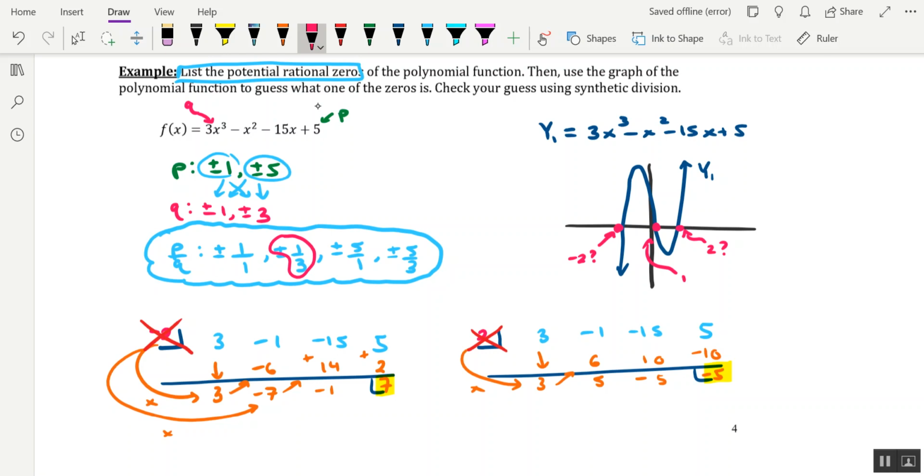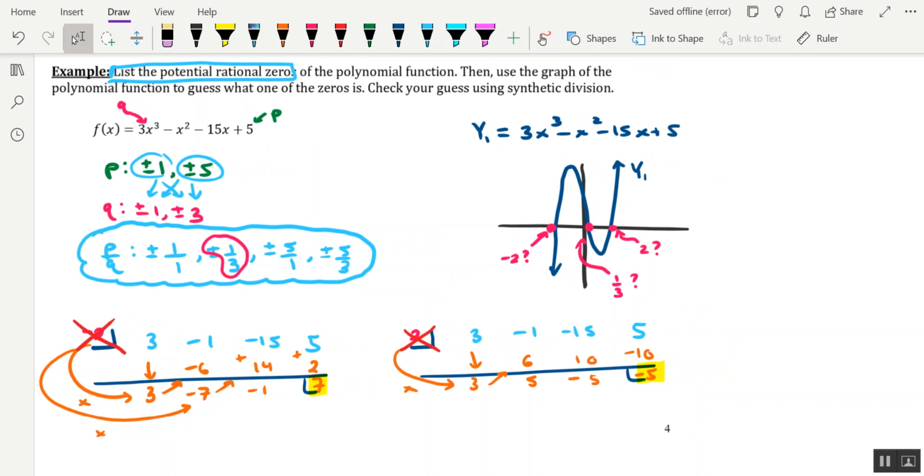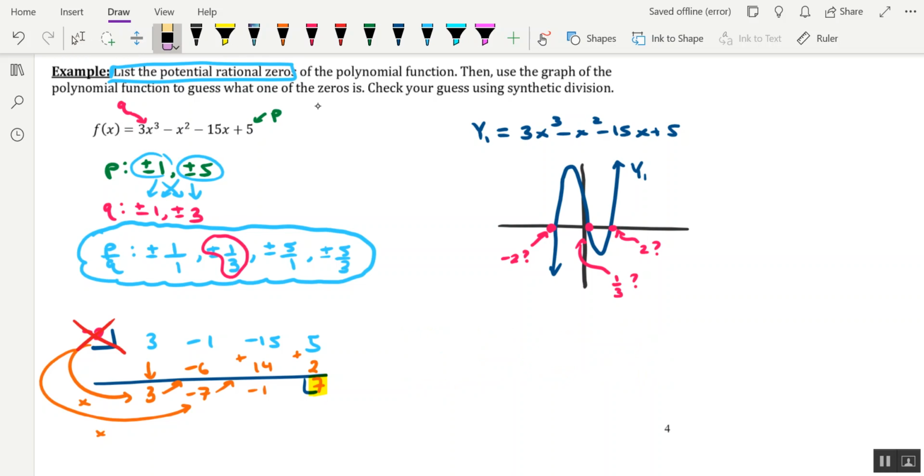So maybe, just maybe, 1/3 would give us a remainder of 0. So let's see about that. And I'm actually going to get rid of that just to free up some space. Although we don't do it a whole lot, it is possible to perform synthetic division with a fraction.